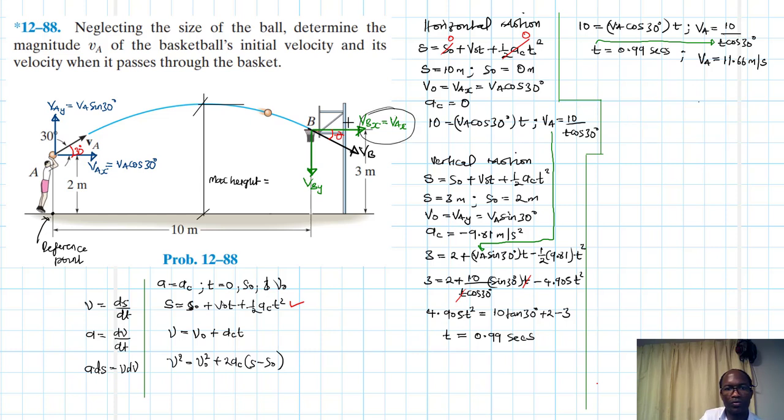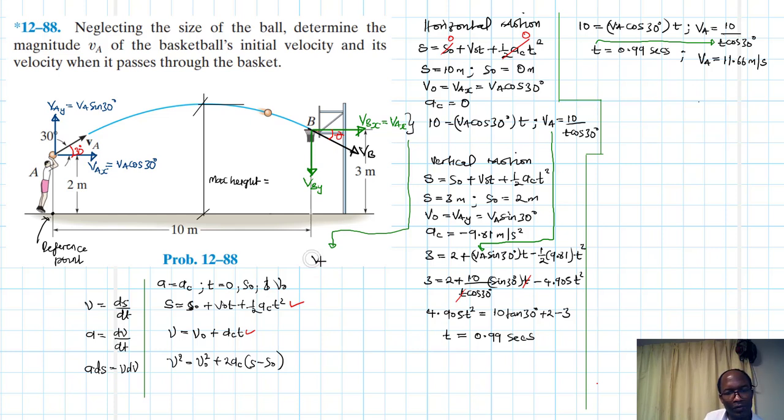Let me just prove this. Let's check this. We know this condition, so let me use this equation in the horizontal direction.